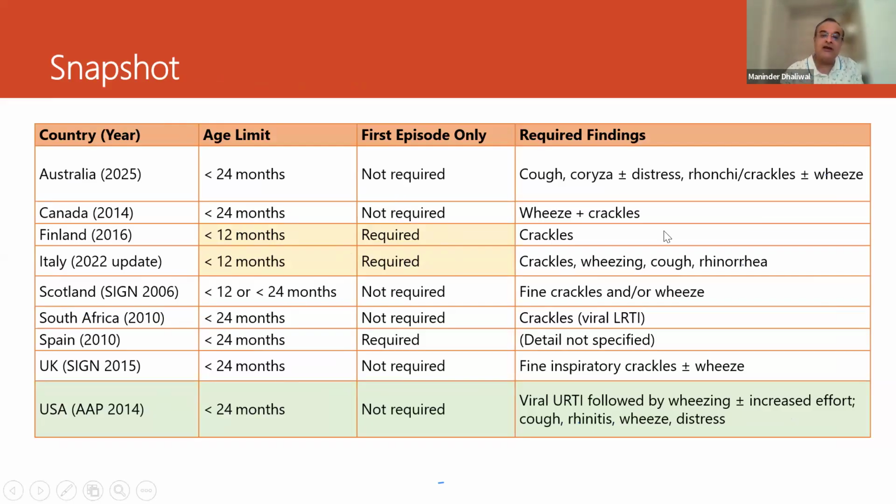And on findings, people have been very categorical that you should have crackles. Crackles are a must to diagnose bronchiolitis. Wheezes might not be a part of bronchiolitis. So we should understand how the various countries are coming to these guidelines, because they don't want people overtreating these diseases with medications which actually do not work.